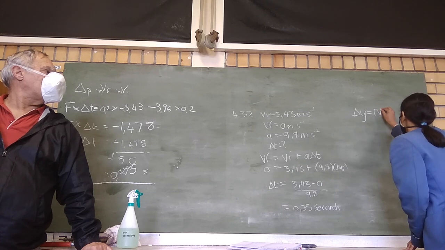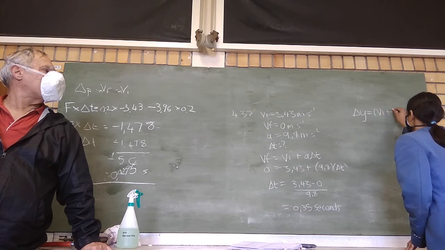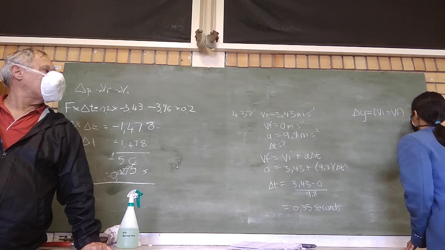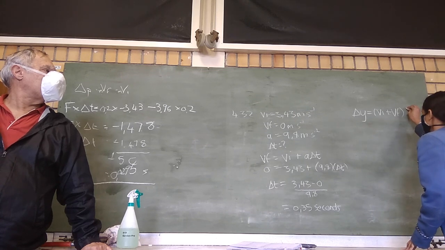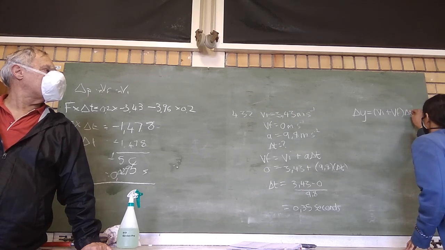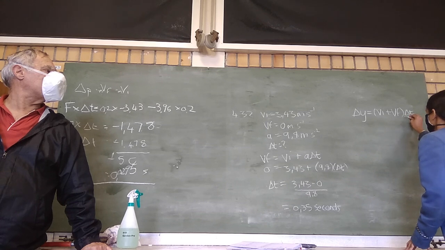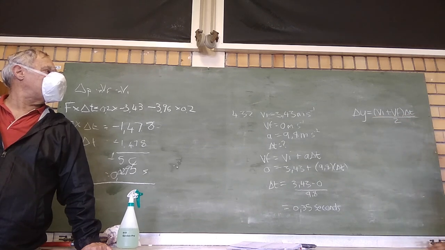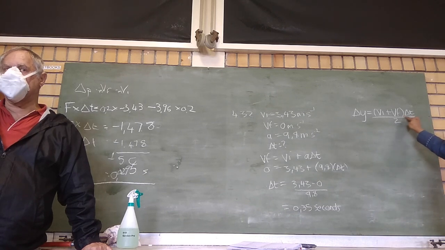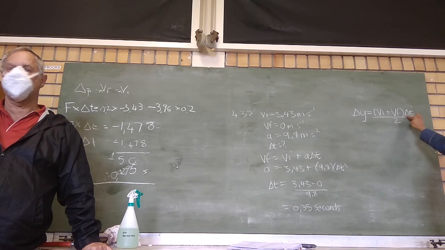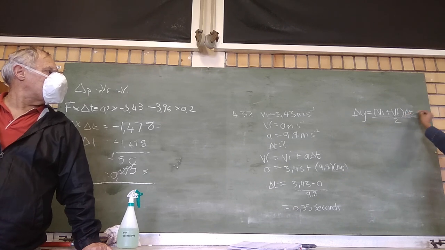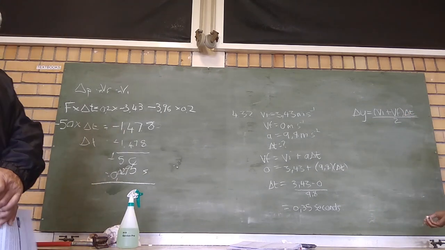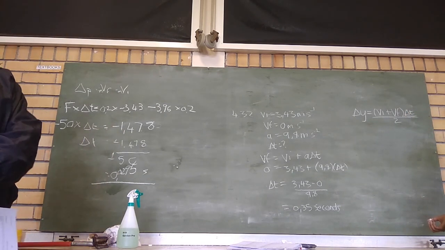Yes, everything divided by 2. So that is a formula for finding displacement. That's your equation of motion. But we have the displacement, sir. So what is the displacement? 0.6. They give us a maximum height of 0.6.